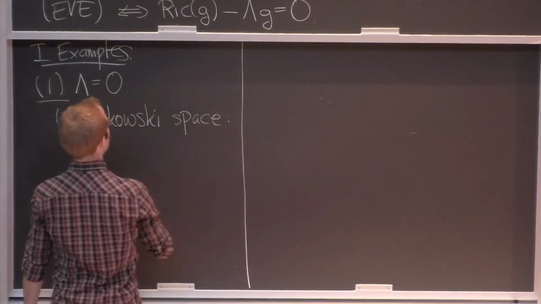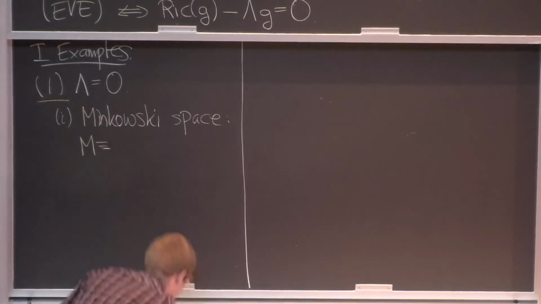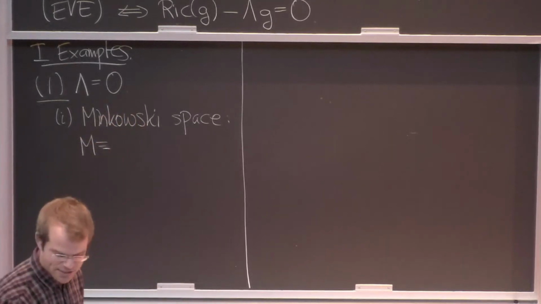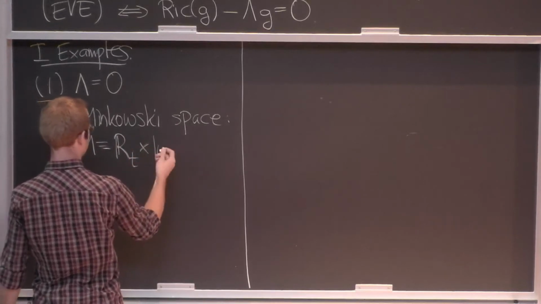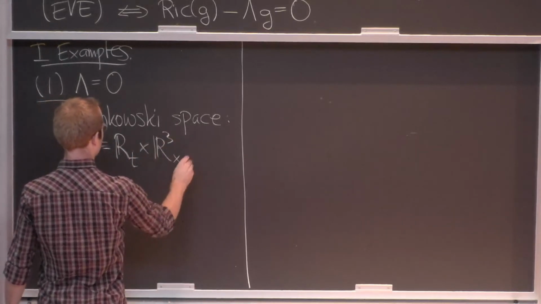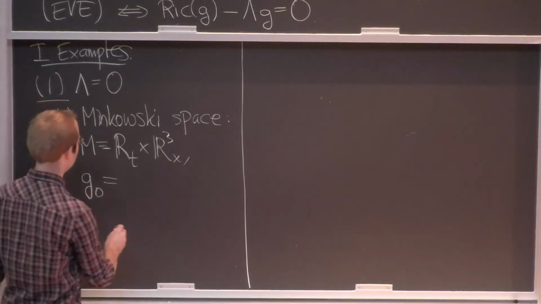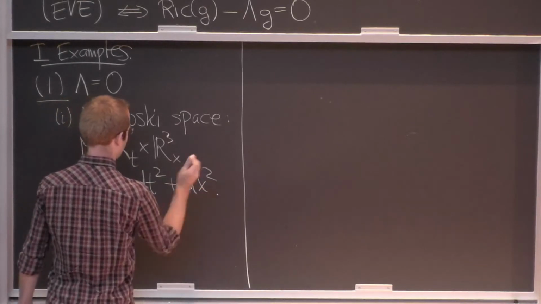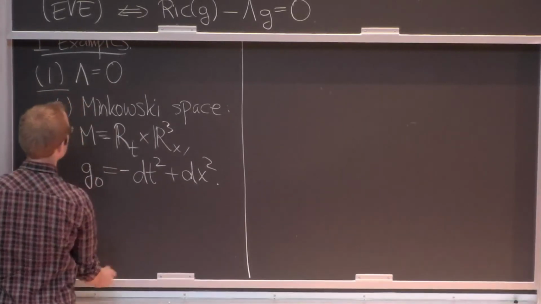So that would be the situation in which the spacetime is just the product of R with R3. And the metric I'll denote by G sub 0 to be generalized later. And this is equal to minus dt squared plus dx squared. So it's the Lorentzian analog of the flat Euclidean metric, and as such is also flat.